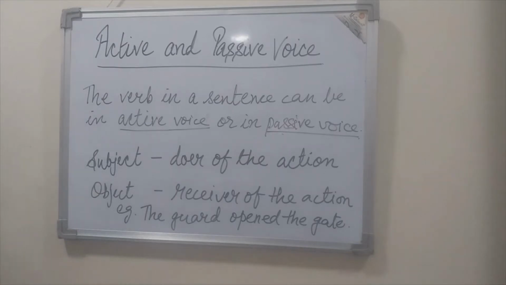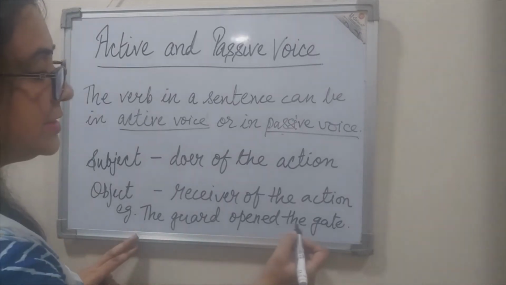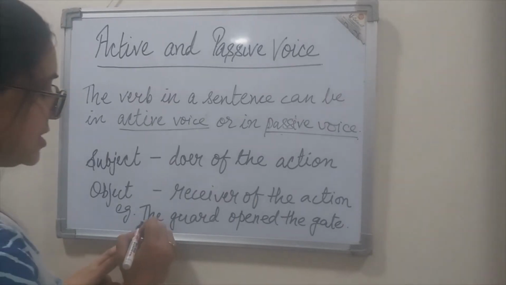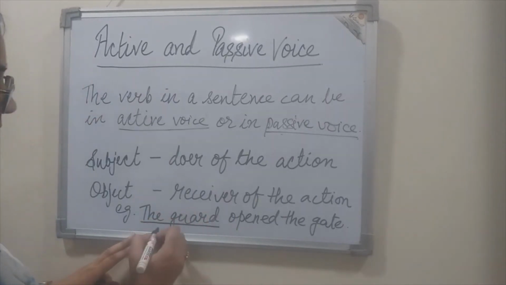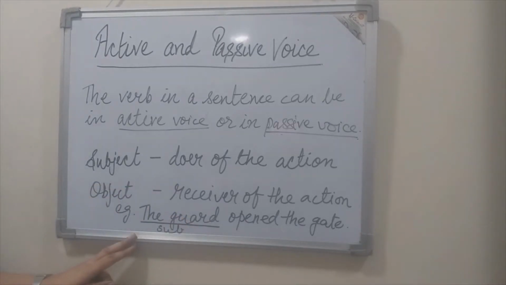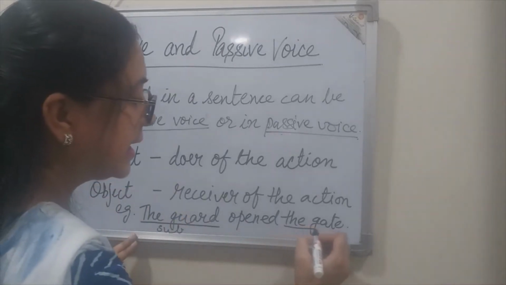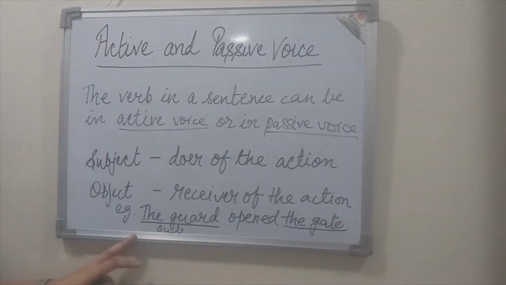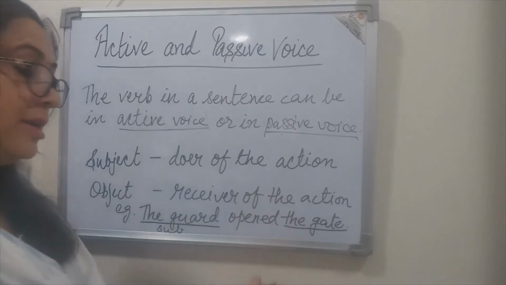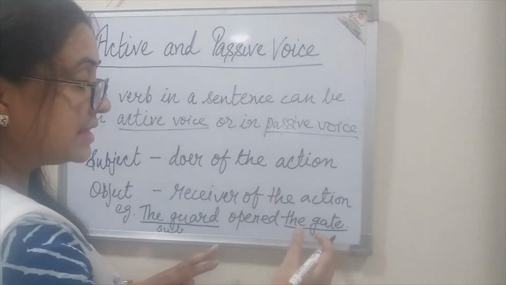For example, the guard opened the gate. Now here in this sentence, the action is being performed by the guard. So this is the subject. And the gate is the receiver of this action, isn't it? The guard is opening the gate. So the gate is the receiver.